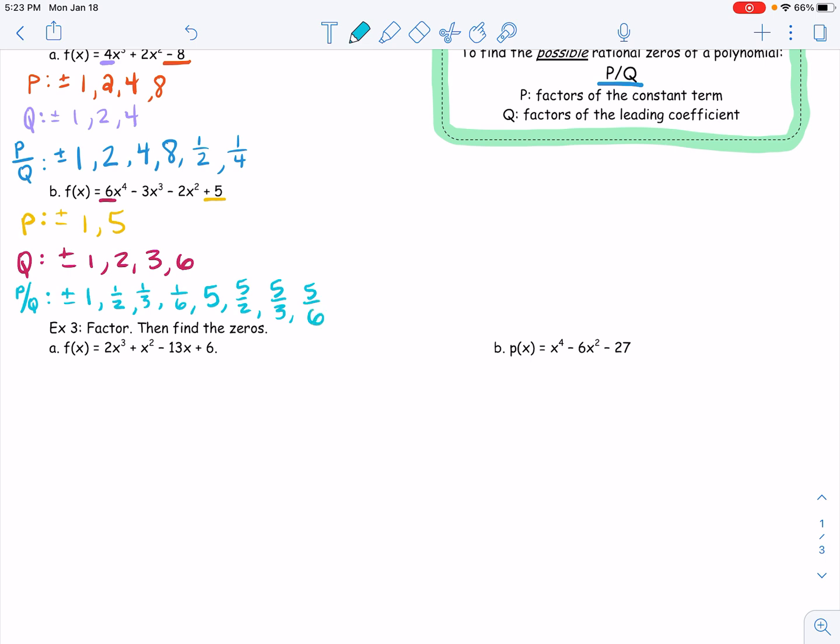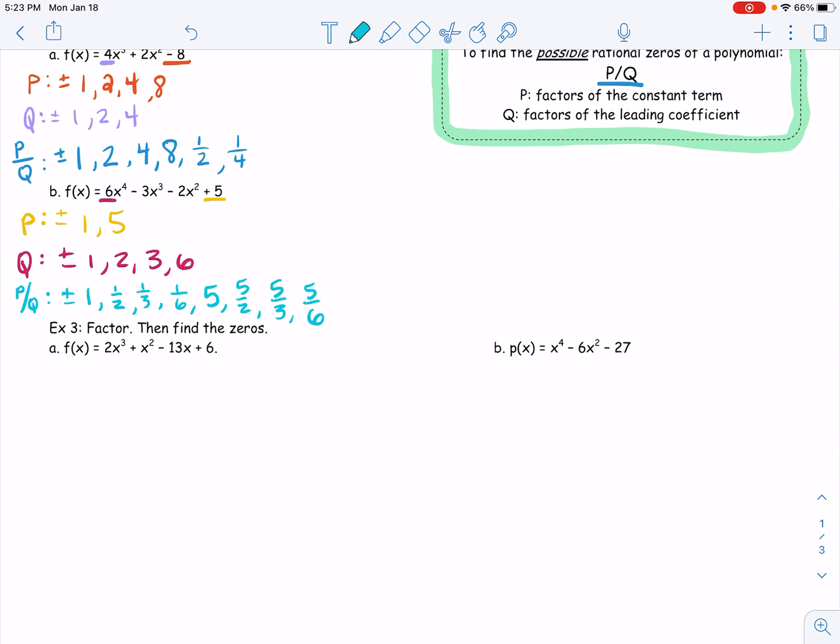So this one gives us kind of nastier P over Q values, just because we had a lot of those fractions, so it feels pretty gross. But we don't have to do anything with this one, so that's nice. We're just listing out those possible rational zeros.